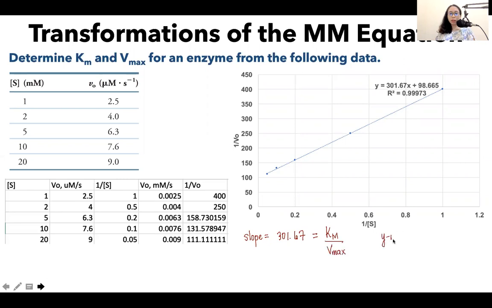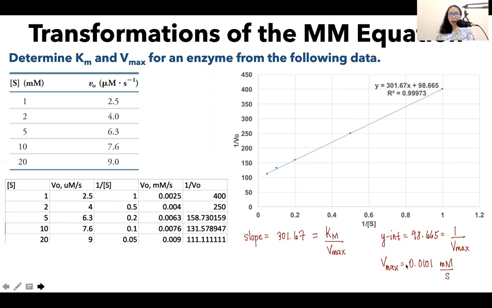And our y-intercept, which is equal to 98.665, is equal to 1 over Vmax. So we can get the value of Vmax from the y-intercept. Get the reciprocal of the y-intercept, and you will get a value of 0.0101. The units are millimolar per second.